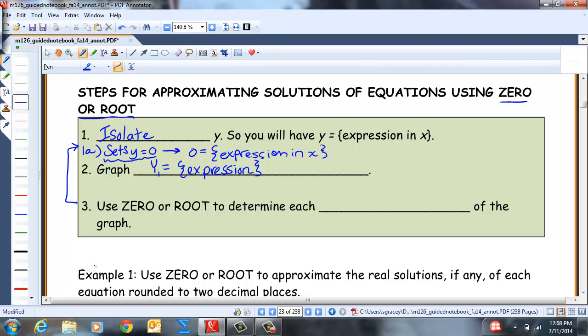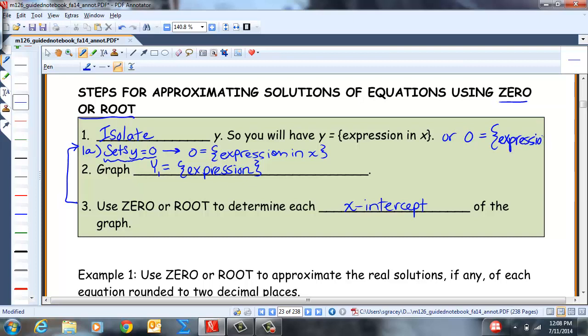So you use 0 or root to determine each x-intercept of the graph. So if you only have an equation in x, the way you would change this is you would be focused on this part here. 0 is some expression in x.